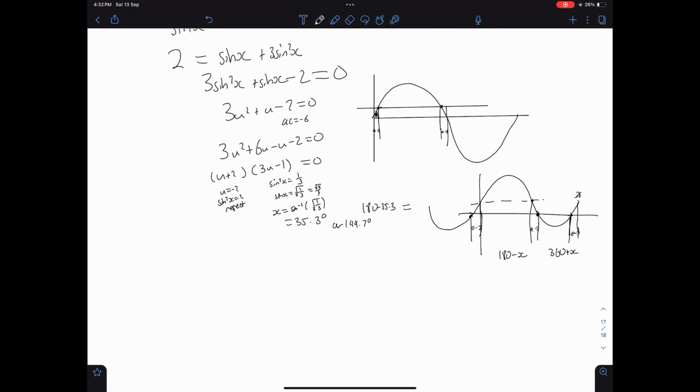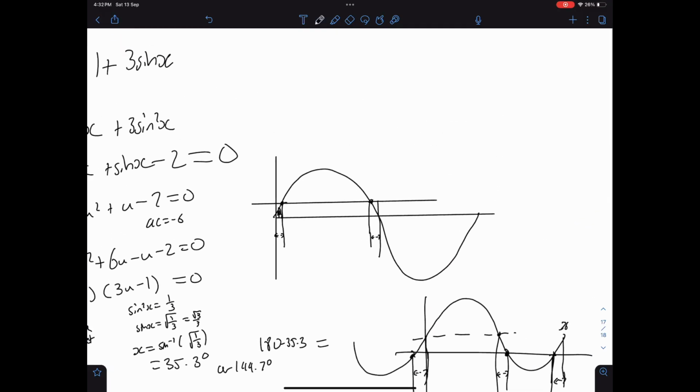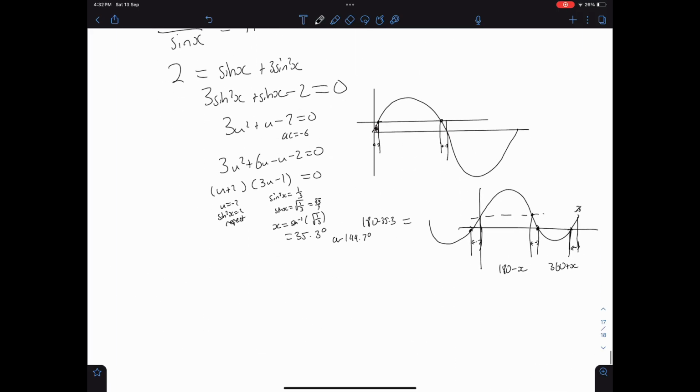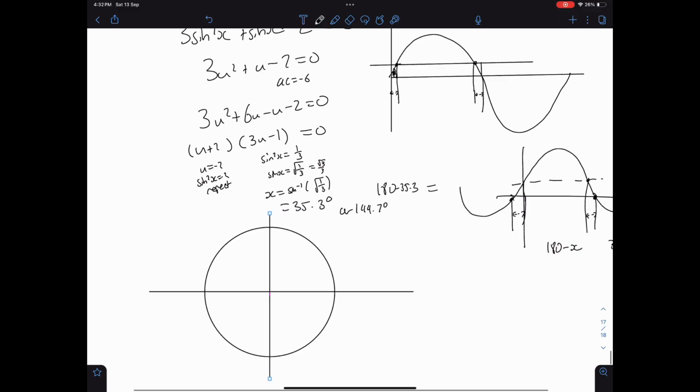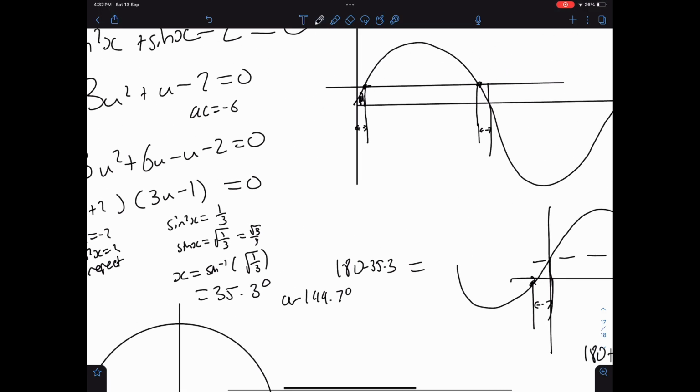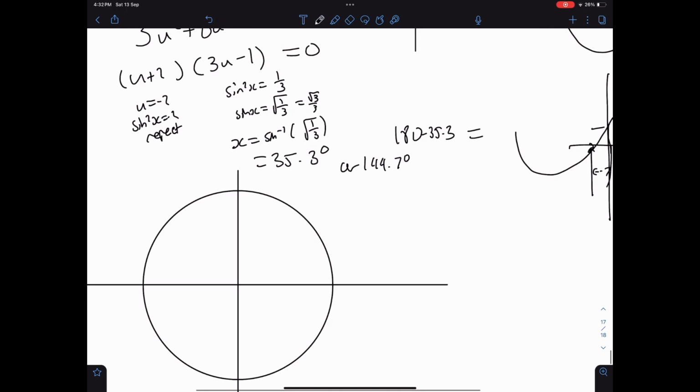And if anything, I personally use the graph to find the other solutions. You can also use the unit circle, perhaps with different domains. The unit circle may be helpful. For example, if you remember the video on how we define those angles, by doing this sine inverse, we get the basic angle. So we either have something up here or a negative one down here, and that would tell us angle and direction.